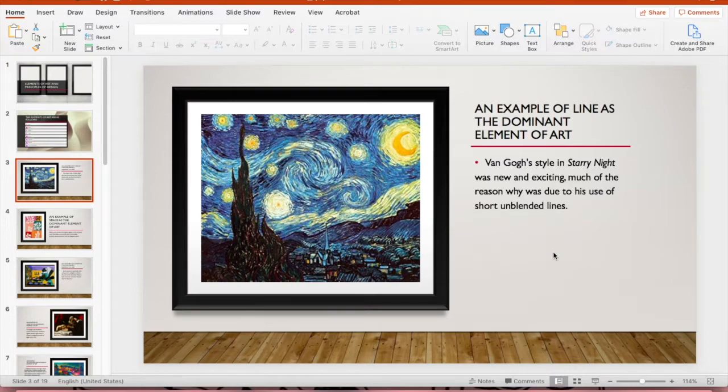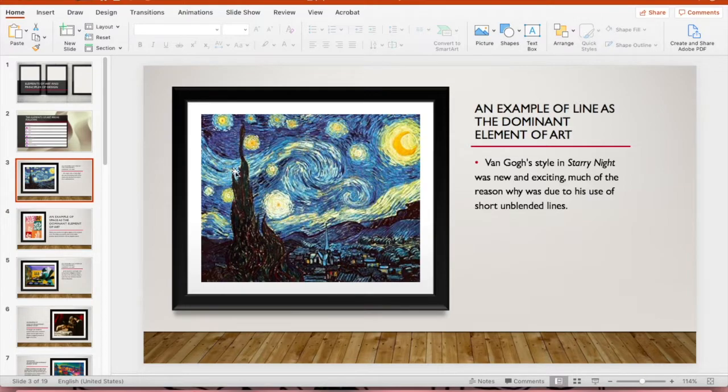Now, could you successfully argue a different element of art? Yeah, you could. You could argue warm and cool colors, and then you could say emphasis and focal point for your principle here. So you could say that this is emphasized by warm light. So you could do warm colors against cool colors. That could be your dominant. You could do color there. But I think the most dominant thing here is the use of line, okay?